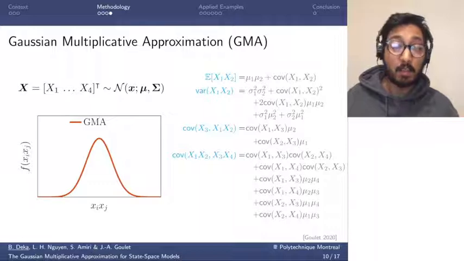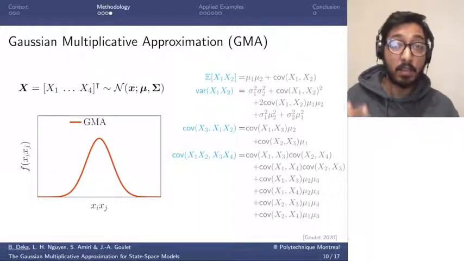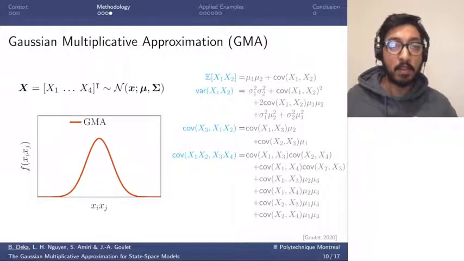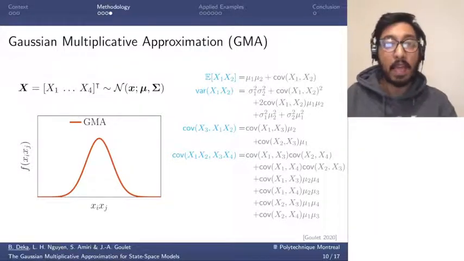We only care about the moments that are represented in blue. If we can obtain these moments, we can represent the product or the pair of products between any two Gaussian random variables by a Gaussian, and we have the exact moments available for that.